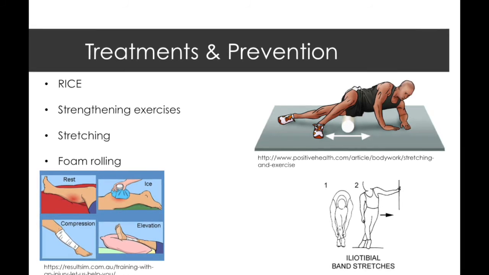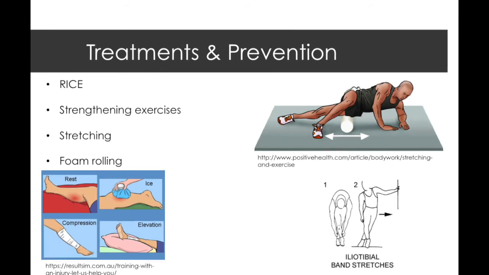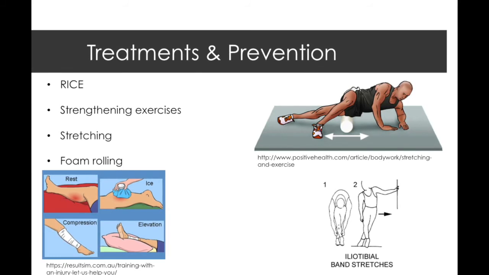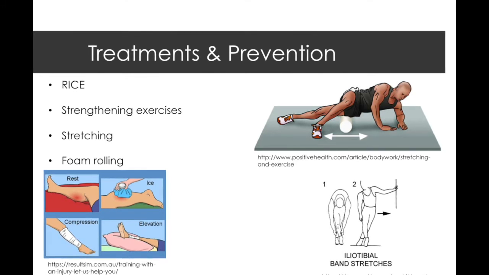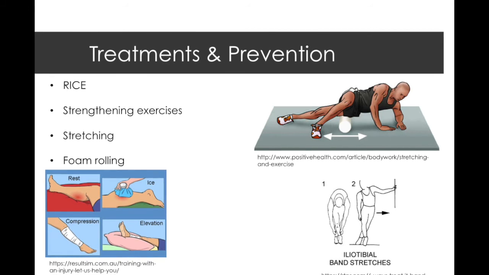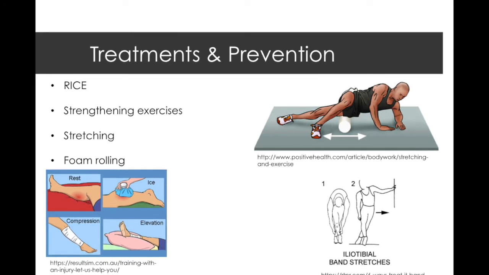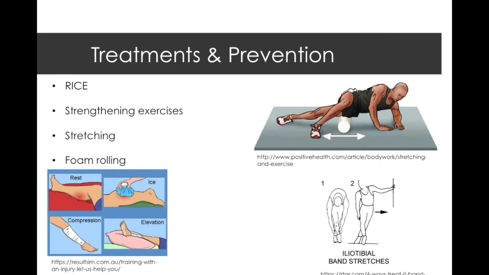Using a foam roller on the lateral aspect of the thigh and rolling out the IT band can help with removing any tight knots in the tendon, henceforth helping with eliminating any future friction that would take place. On the slide, I have provided a picture of a foam rolling technique to best roll out the IT band.